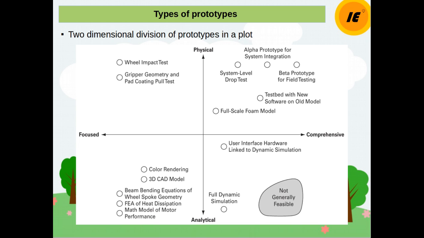If you are incorporating everything together, then generally comprehensive means something physical. So that's why it's not generally feasible. And let's now focus on the first quadrant, that is physical and comprehensive.